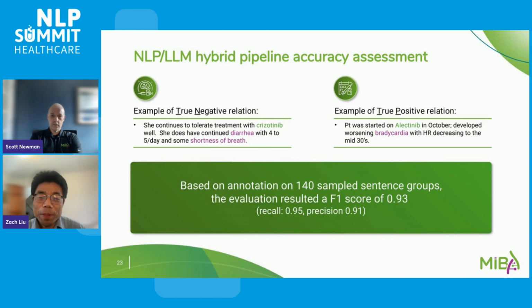And I would mention that the prompt engineering has been done by an actual oncologist with deep experience with AI, and an annotator with an MD degree. Based on the annotation of about 140 sampled sentence groups like this, we got an F1 score above 0.9, which is promising.